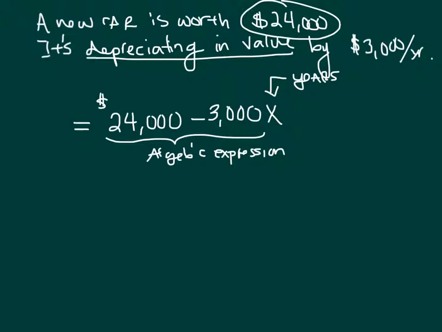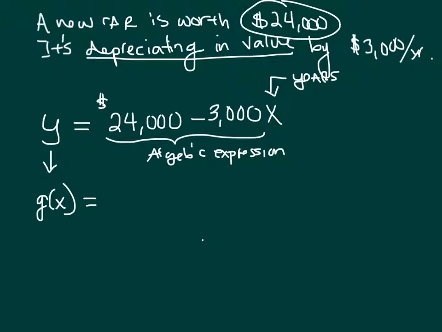What does all this give me? If X is an input, 24,000 minus 3,000X is an output, depending on what X is. My output is going to be Y, and we've been calling Y f of X. I'm just going to call it G of X because you're going to see some problems with G of X. It doesn't matter.